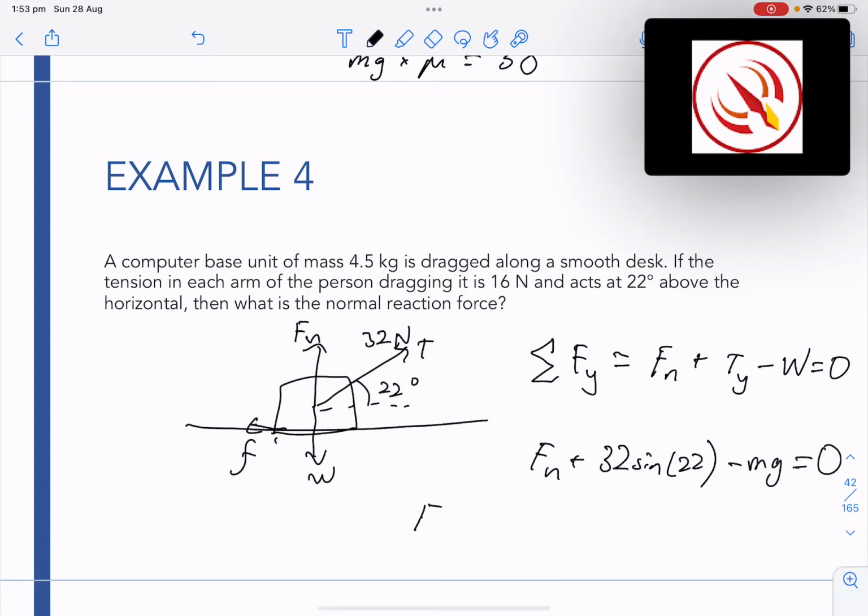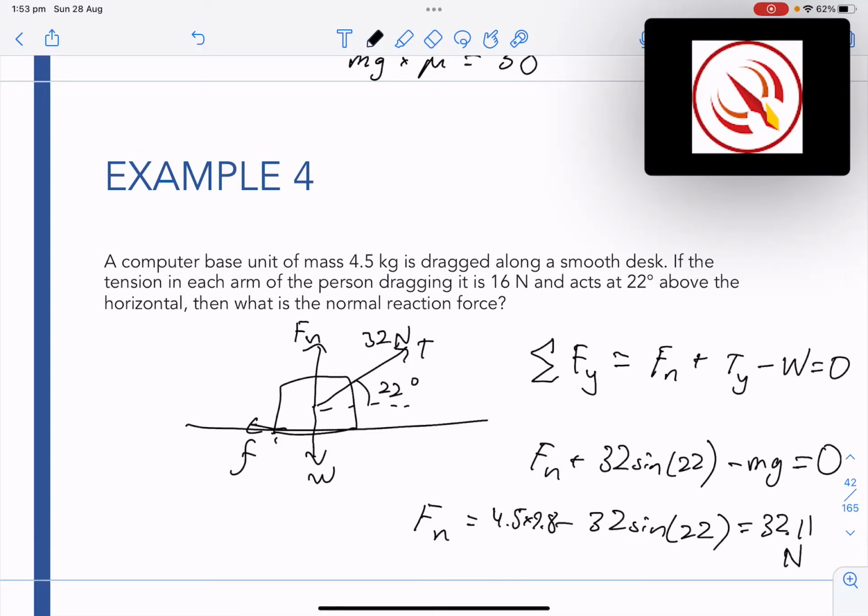So Fn then equals mg minus 32 sine 22. I'll sub those values in actually. So that's a mass of 4.5 times 9.8, minus 32 times sine 22. We get our normal force as 32.11 newtons.